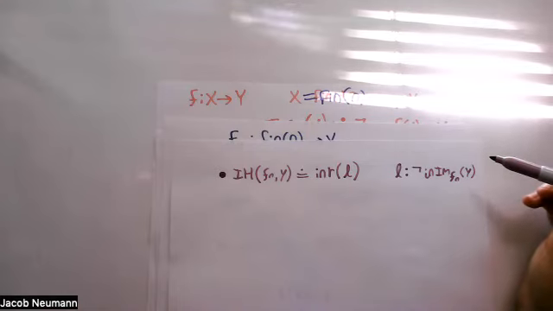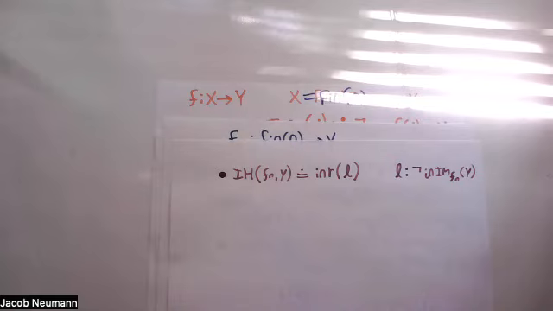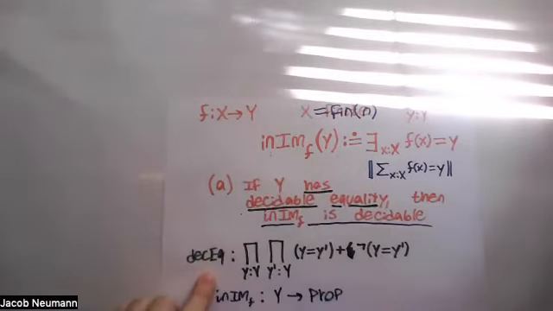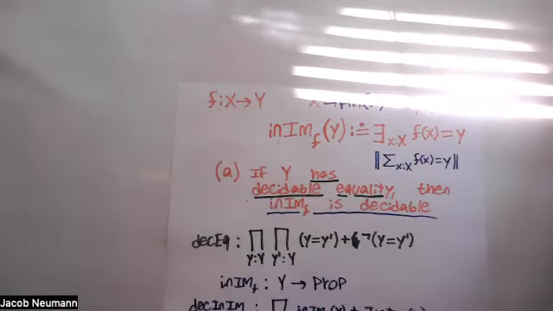Okay, so now we need to again break into two cases, and these two cases are going to be provided by this decidable equality. We haven't used this yet, so we'll need to use it. We assumed that Y had decidable equality.